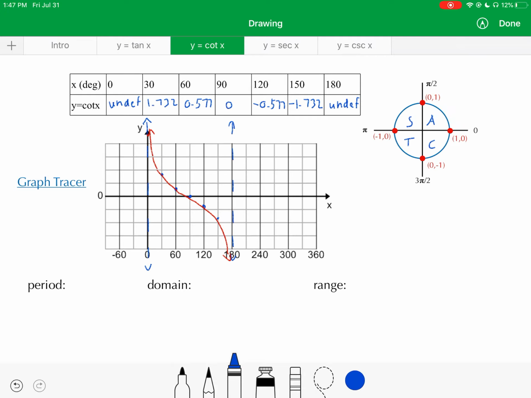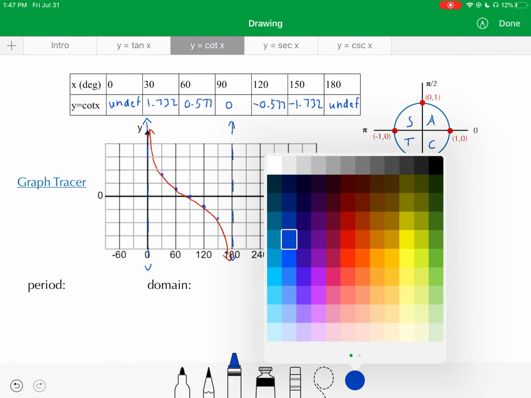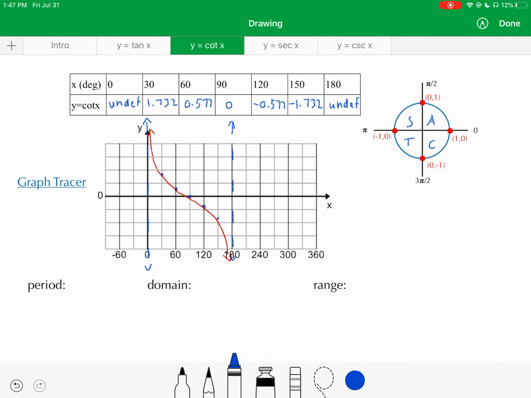When we get into the third quadrant, from 180 to 270, we should be positive once again. The points from quadrant 1 are going to have the same y values in quadrant 3. So at 210 degrees, we're at 1.732. At 240, we're at 0.577. At 270, we're back to 0.